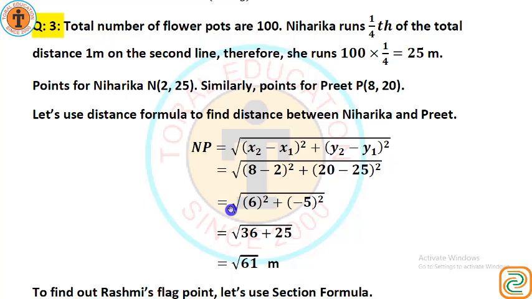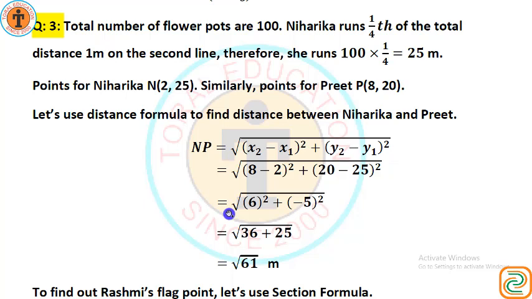Niharika runs 1/4 the distance AD. There are 100 pots, 1/4 of that means 25. And she posts the green flag on the second line. Preet runs 1/5 the distance AD on the 8th line and posts a red flag.